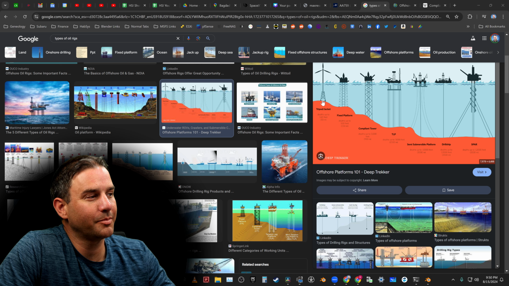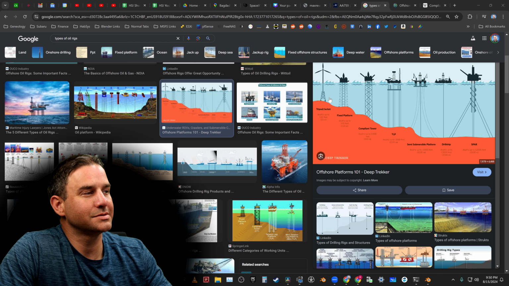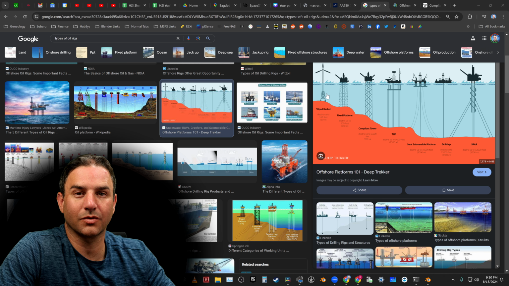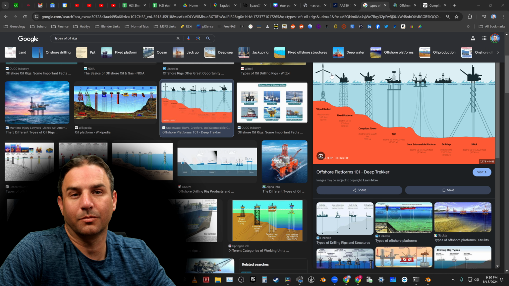That's a tripod jacket. A lot of times the word jacket is used for the underwater structure of an oil rig. In this case, it's the underwater structure for what looks like a wind turbine, obviously.